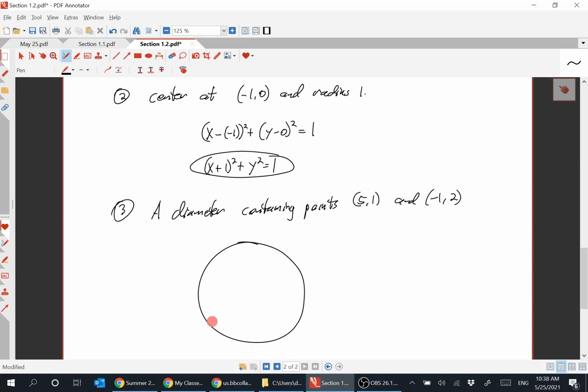So here's my circle, and I've got a diameter with these two points. The diameter is twice the radius.